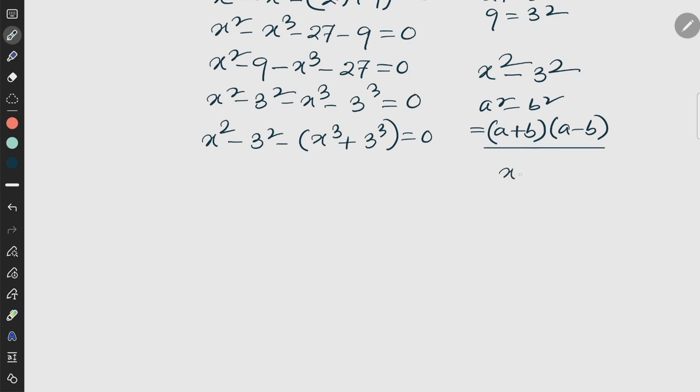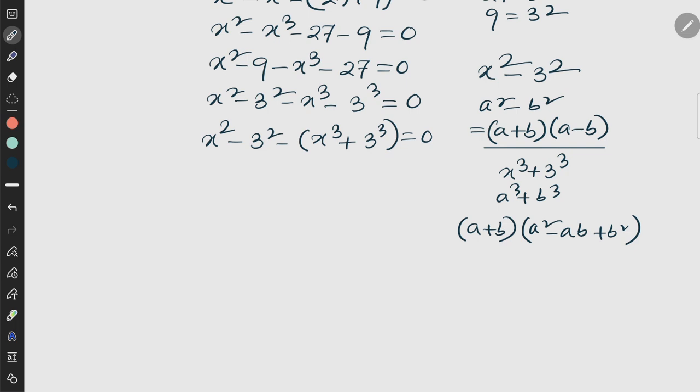And next, x cube plus 3 cube, or a cube plus b cube. We use this formula: a plus b into a square minus ab plus b square.